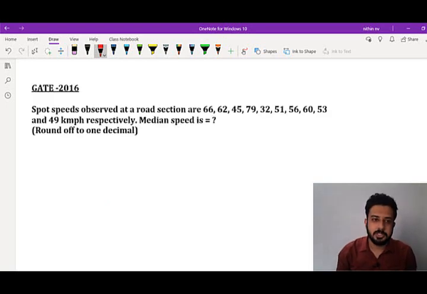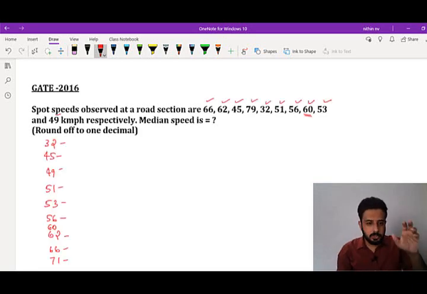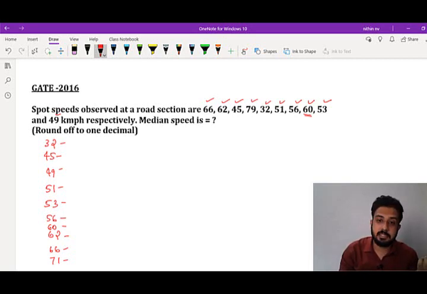Now you can see a question which was asked in GATE 2016 to calculate the median speed. Okay, so just write it in order, then count whether you have taken the exact same number. If you understood something is missing, then you add in between. Okay, so 1, 2, 3, 4, 5, 6, 7, 8, 9, 10. Yes, now it is completed. Suppose see a same value.